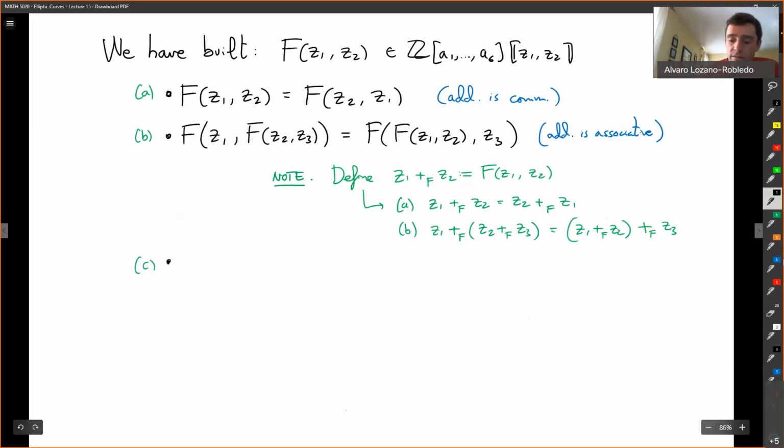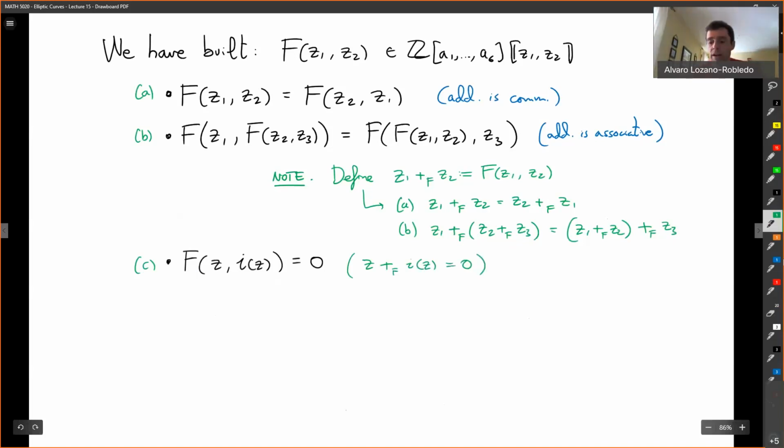And there is another power series I such that I is my inverse. It gives me my additive inverse. When I substitute, I get 0. So this says that z plus the inverse of z is the 0 element.